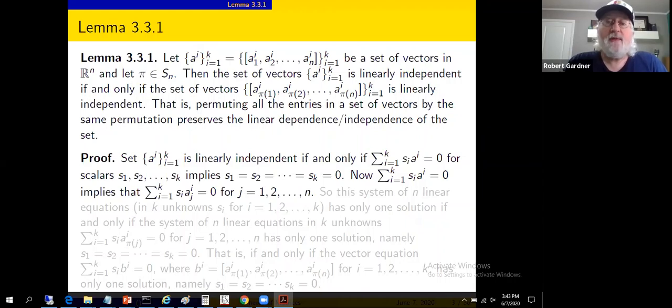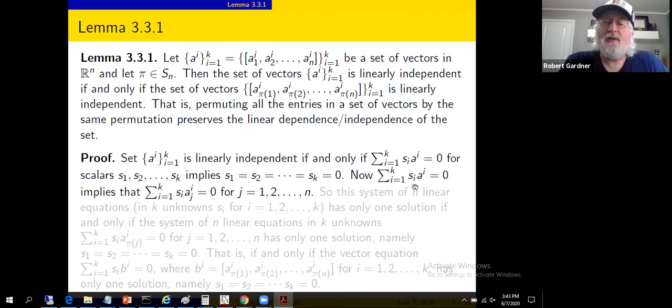We want to show the same thing happens for this collection of vectors where we've permuted the components. Okay, so here's what we're going to do. With that linear combination of vectors equal to 0, that implies, if we look at the jth component, I mean, we've got a linear combination of vectors. These vectors are from R^n. They're actually up here, written as row vectors.